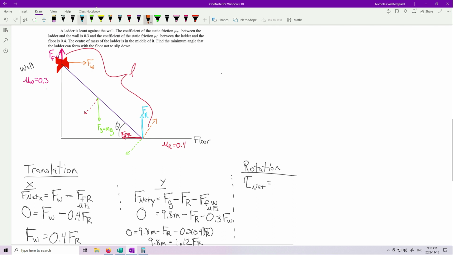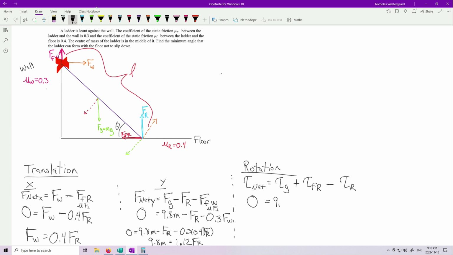So let's set up my equation. I've got my two clockwise ones, so this would be torque caused by gravity and torque caused by friction, both doing clockwise work, and then the counterclockwise one is torque caused by regular R, or floor force. That's 0. I know how to get gravity.